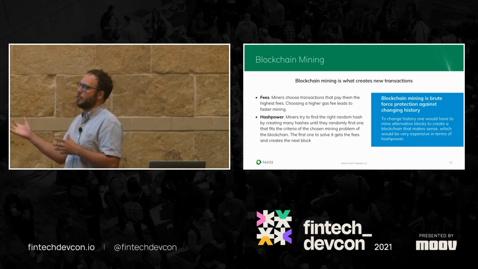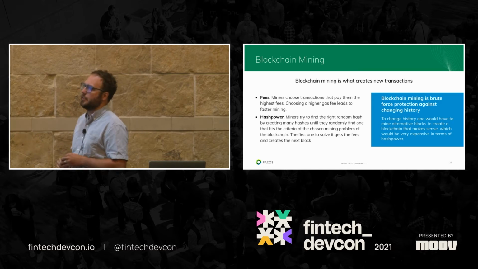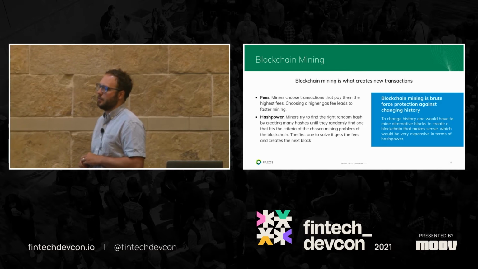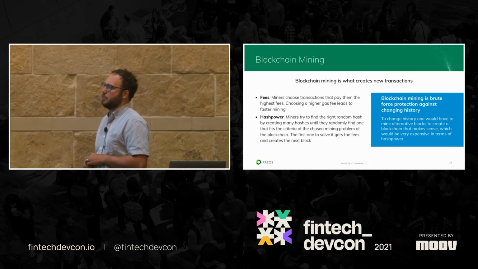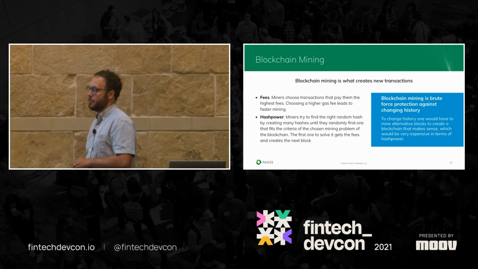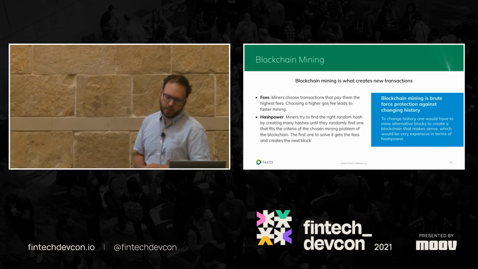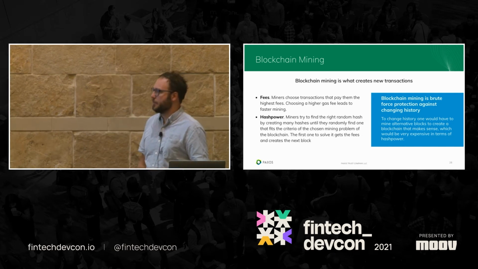The process involves brute force protection against changing history, because it's an expensive search problem that the miners are doing to win the block, and it's very expensive to write blocks that are alternative histories to the one that is the winning history.